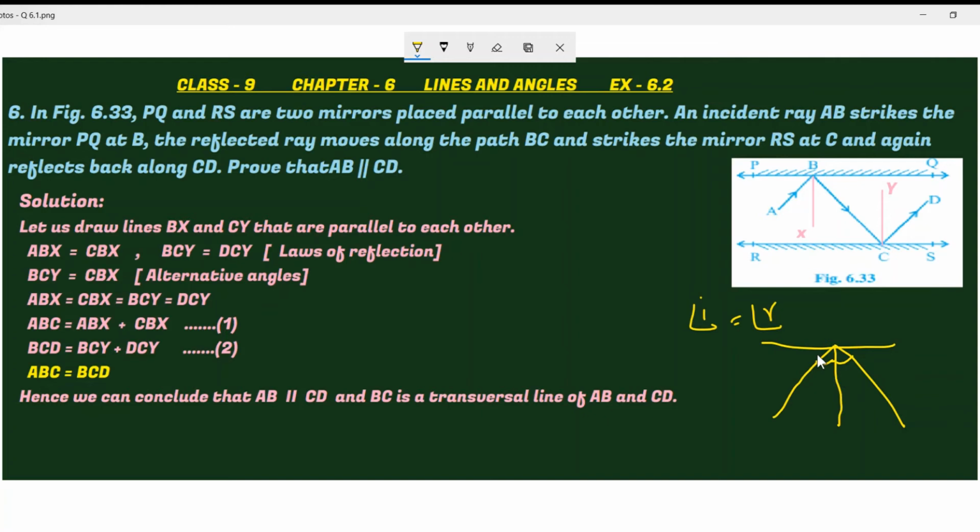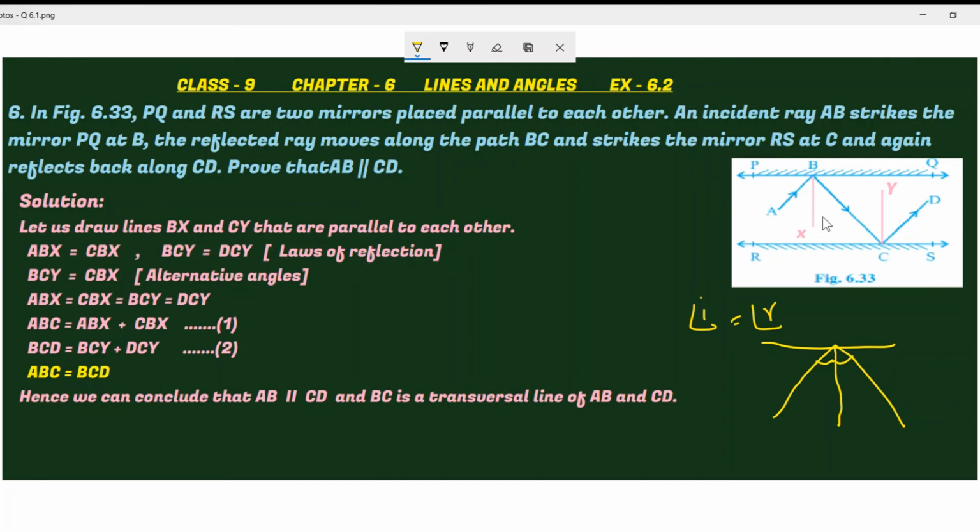This law I am going to use here. This is an incident ray and this is a reflected ray, so I have drawn one normal here. That normal line is BX. Here also I have drawn one normal line for this incident ray BC and reflected ray CD.